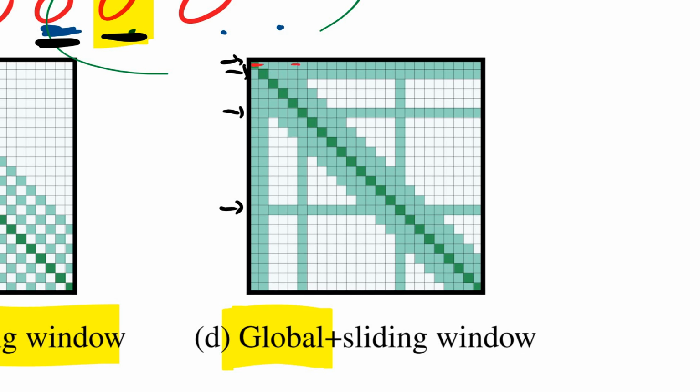So this unit can attend, for example, to this one, or to this one, or to anything. These can attend to anything, and any unit can attend to those, right? Any unit can attend to the first unit right here. Right, so these are your special tokens, your special units, and they have global attention.